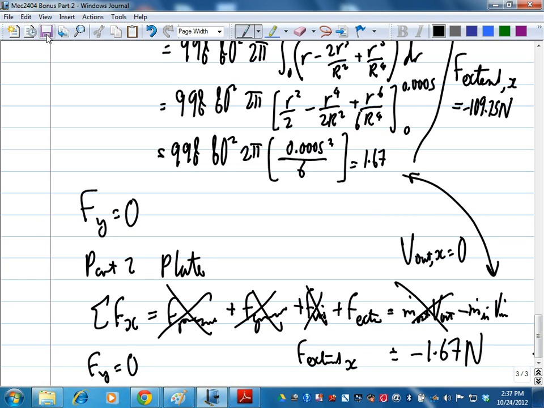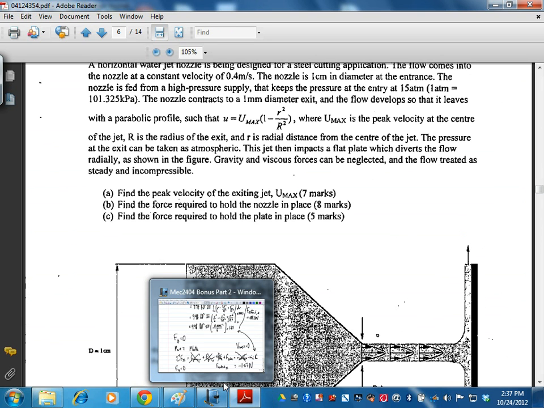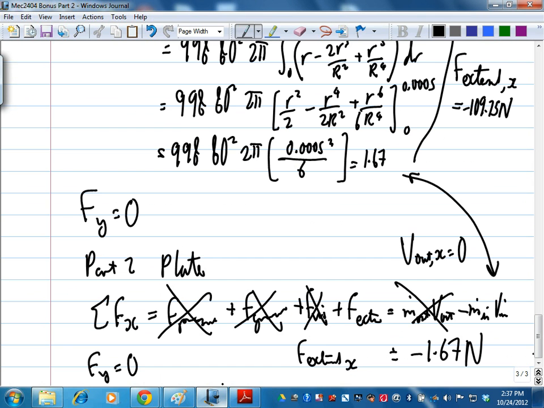What did the question ask? Force required to hold the plate in place. This one is F, to hold the plate in place.